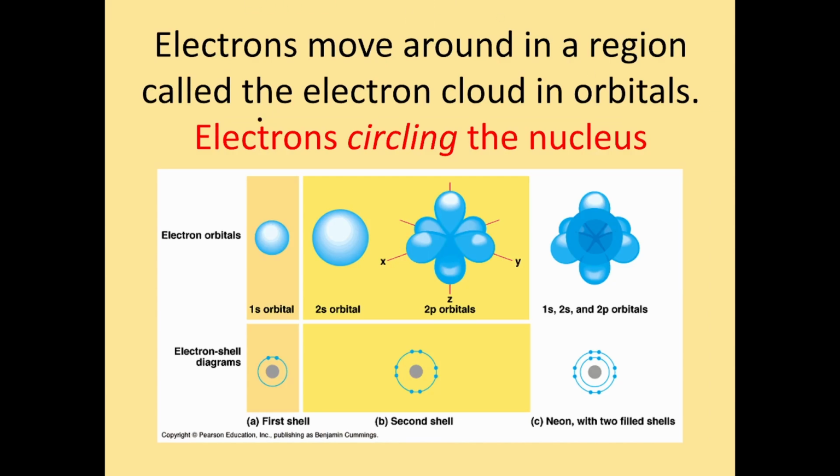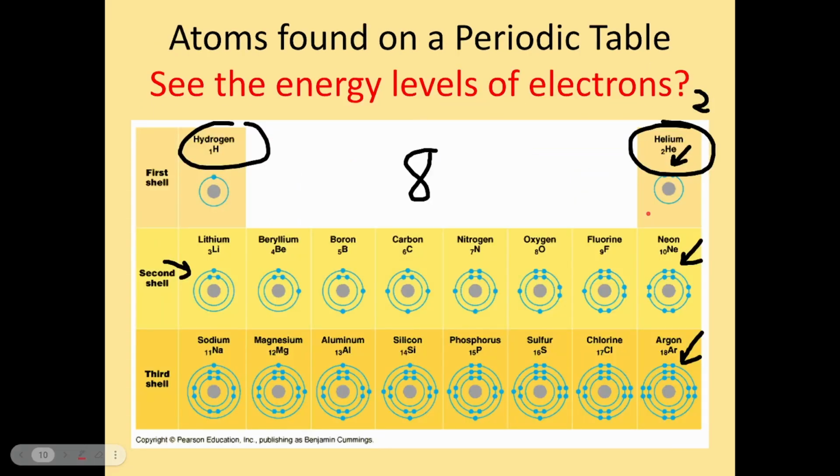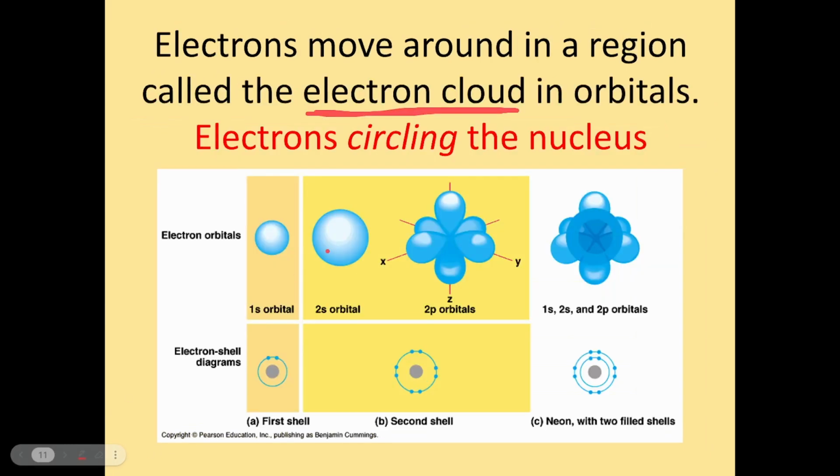So electrons move around, and you probably know this already, hopefully, in an area called the electron cloud. And in the diagrams, we like to say they're moving around in this area, and then these 8 are moving around outside those. And so they move around in these places that we call orbits or orbitals, right?